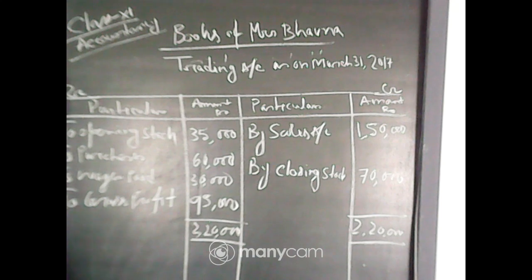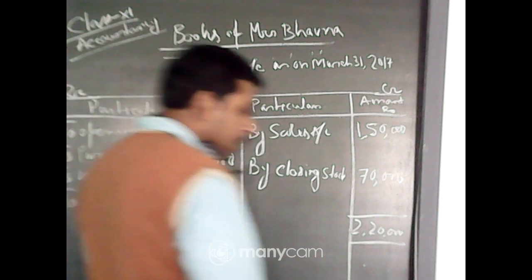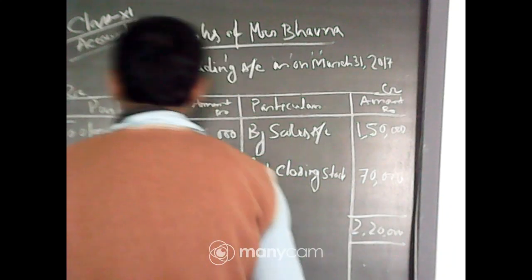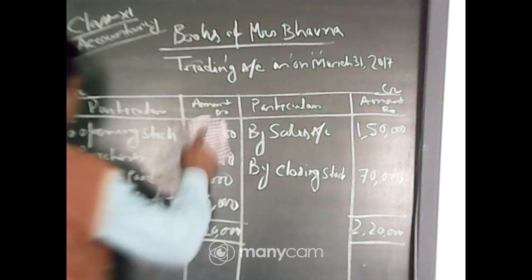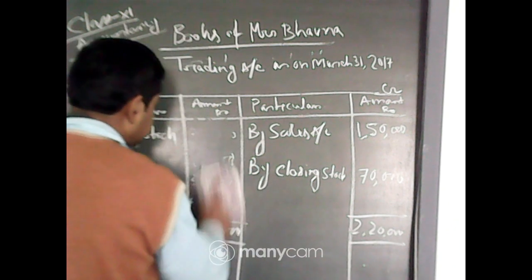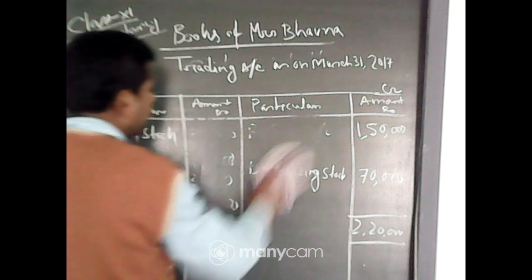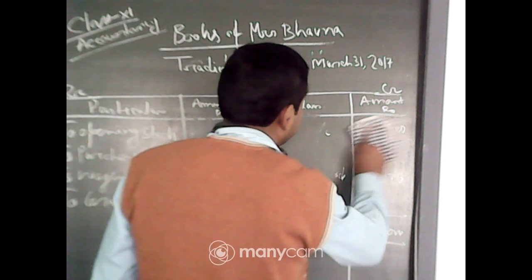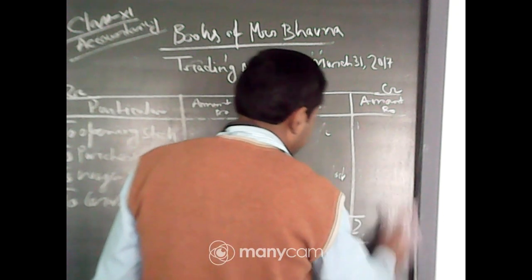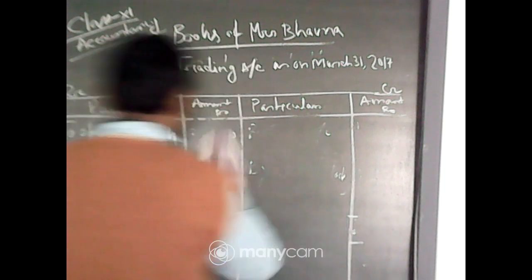Now next we have to ascertain the net profit. So the same format we will maintain. We will transfer the gross profit from the trading account to the profit and loss account.